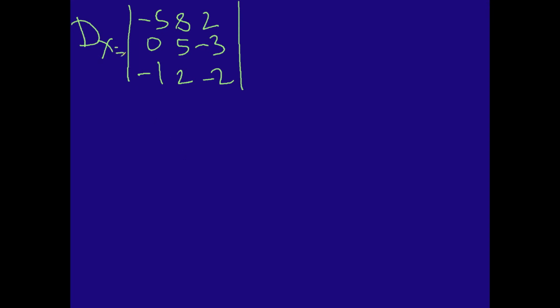So having done that, if we go through this process, we get the following. D of X equals negative 5, and then inside here we got 5, 2, negative 3, negative 2, and then we got minus 0.